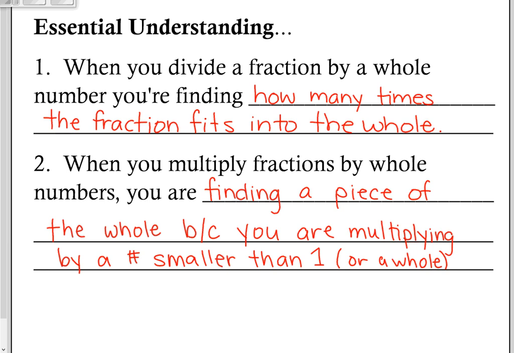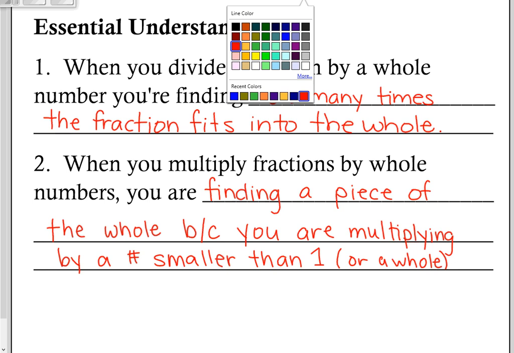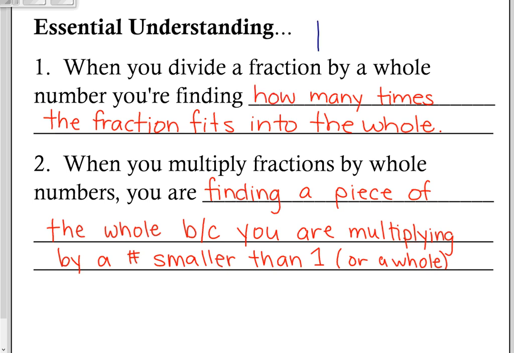All right? How can we represent this? Let me get a different color. So if I have a whole, so let's say that's 1, and I'm going to divide that by a third. Or in other words, I'm going to divide it into thirds.